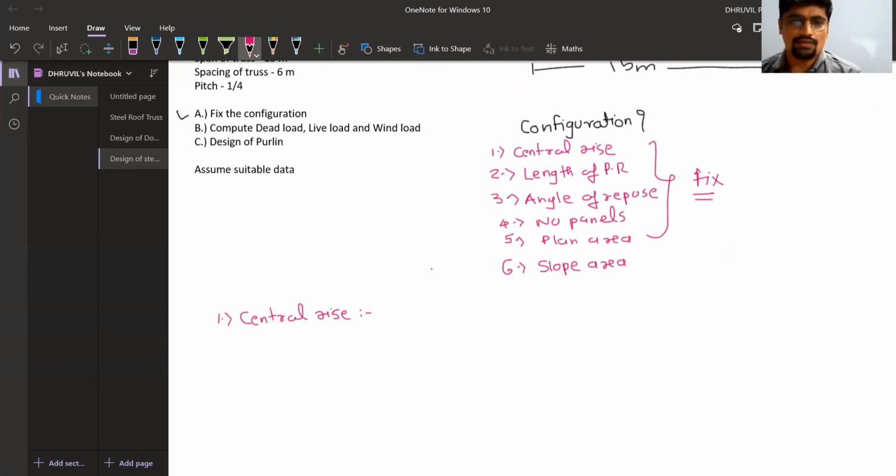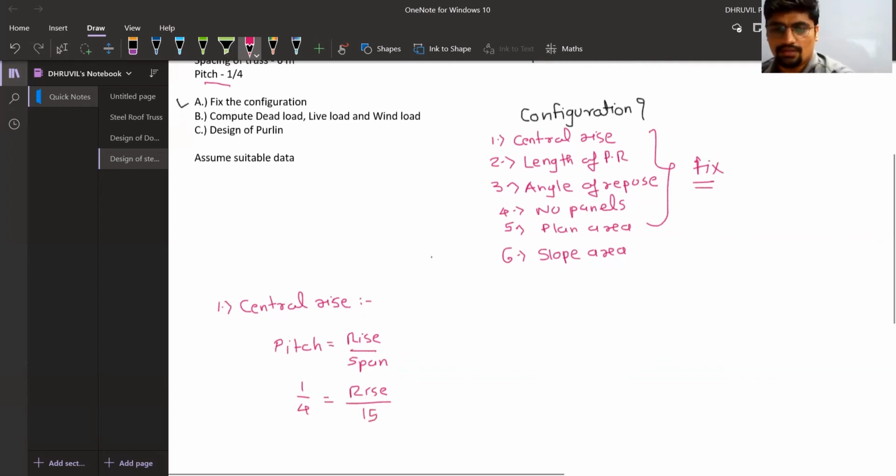But here, we have been given the pitch. The definition of pitch is rise by span. This is the ultimate definition of pitch. Now pitch is given as 1 by 4, and span is given as 15 meter. So what will be the rise?